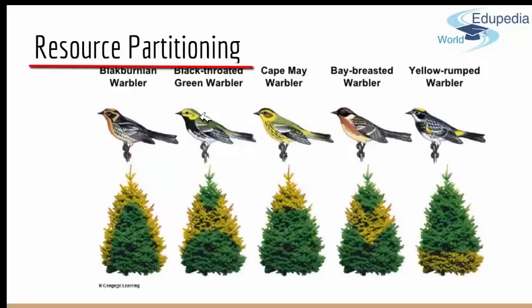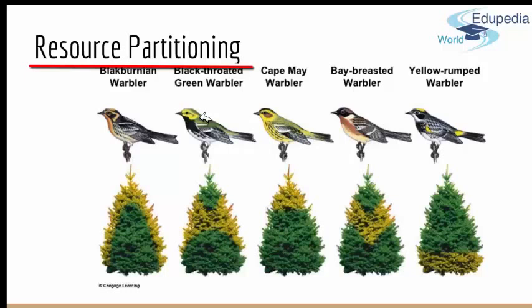And the result is a shift in the distribution of phenotypes, so basically characteristics, within the competing population. So when the shift involves features of the species' morphology, behavior, or for example physiology, it is referred to as character displacement.